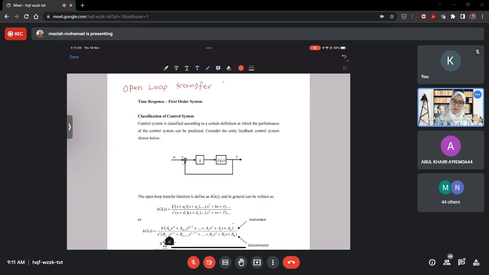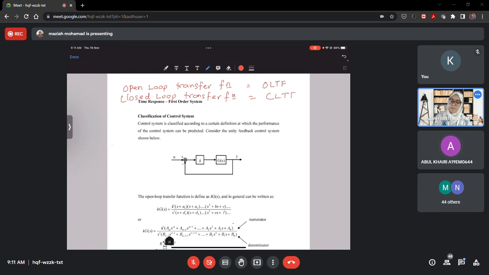Open loop transfer function, or sometimes I just use OLTF. The other one is closed loop transfer function.